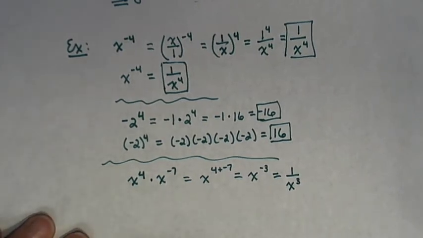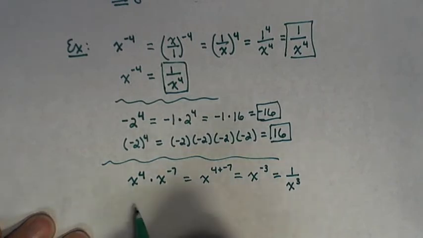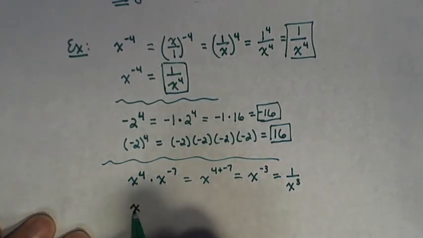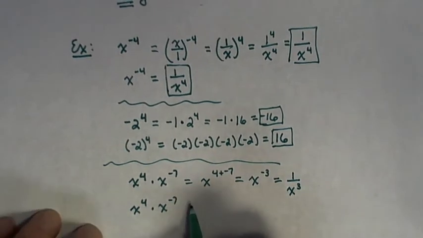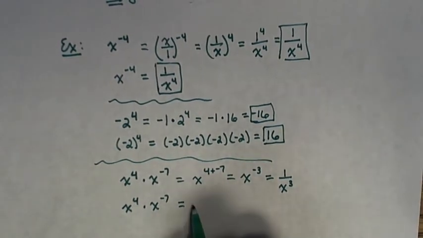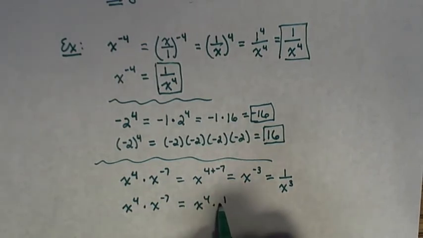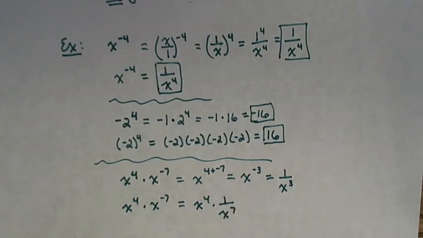Okay. Now another way I could do it is I could choose to rewrite this. If I have x to the 4th times x to the negative 7th, I might think of writing this as x to the 4th times 1 over x to the 7th.